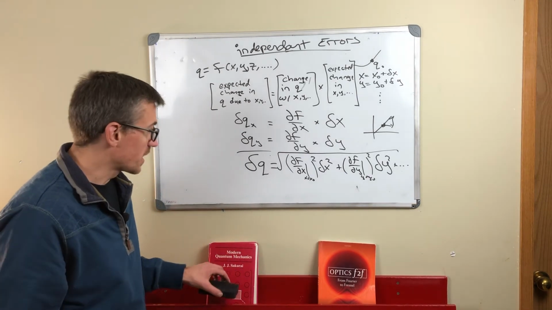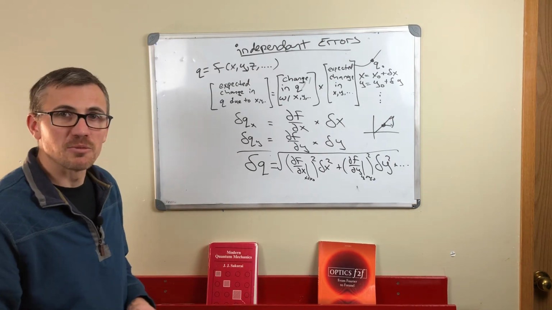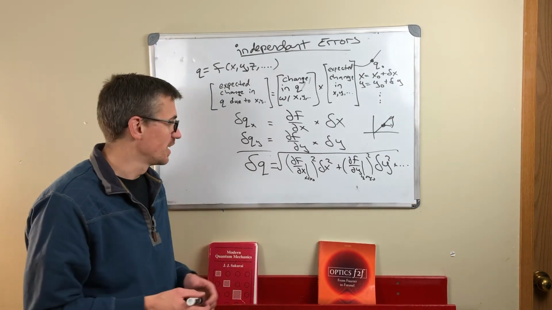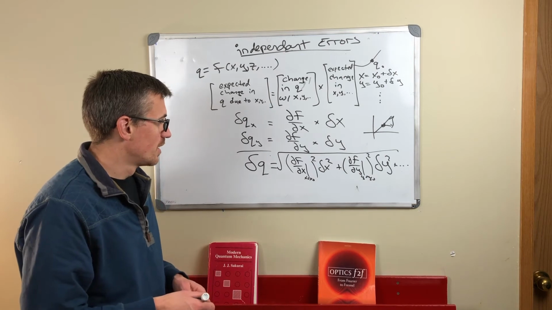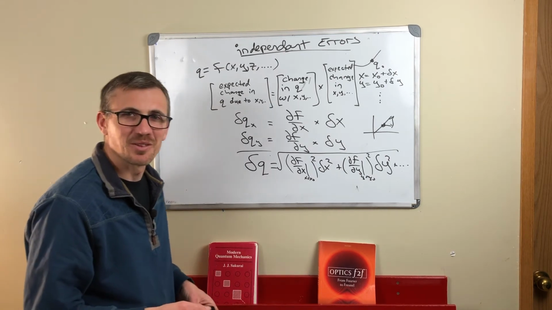See if you can venture a guess as to what it would be if they weren't independent. Okay. My pausing there, I guess, is enough time for you to venture a guess.